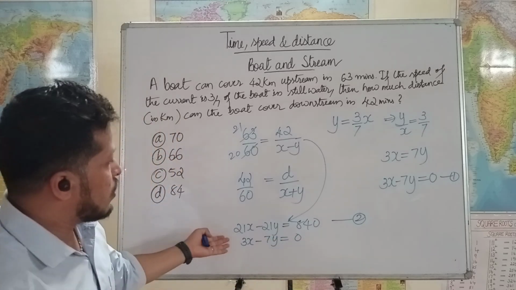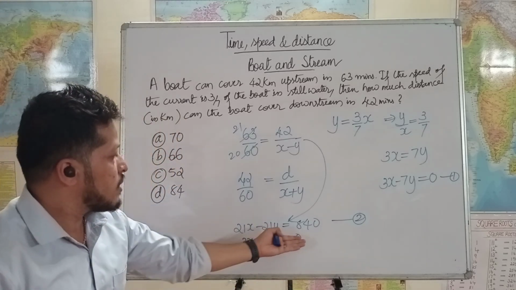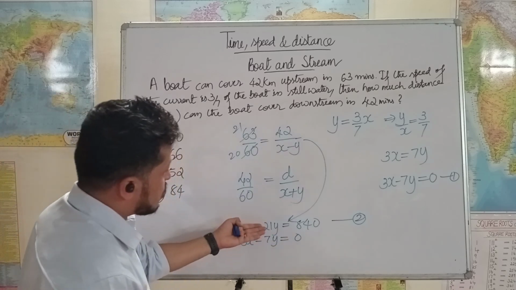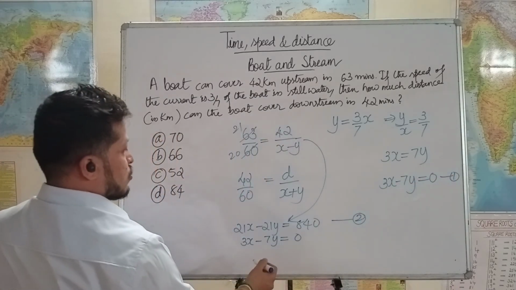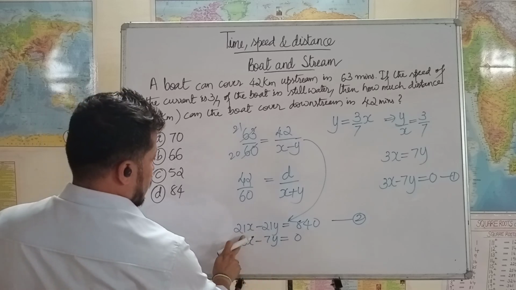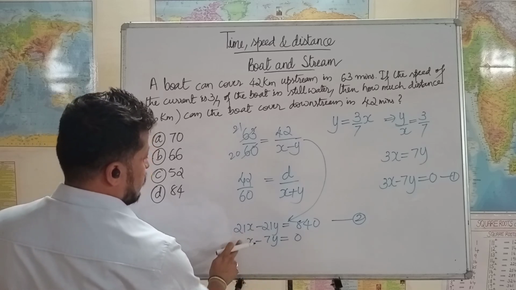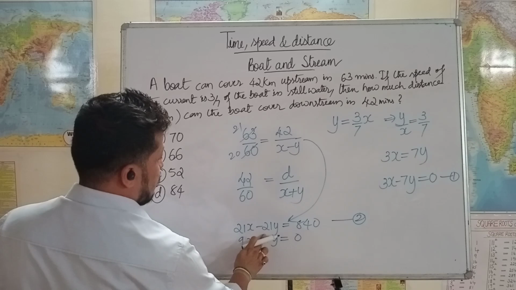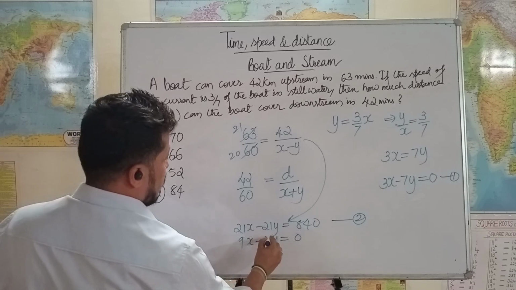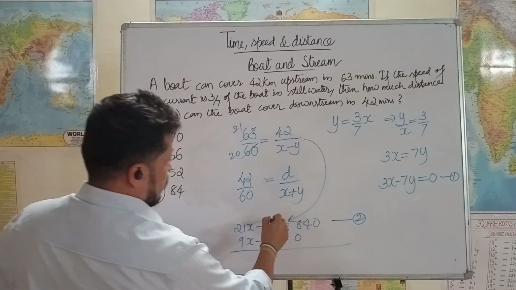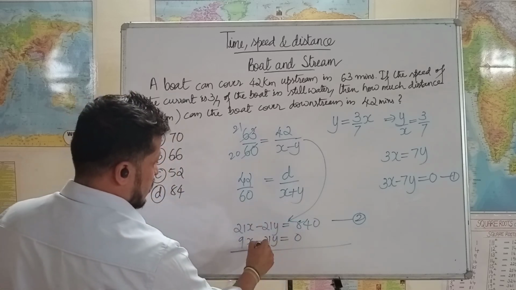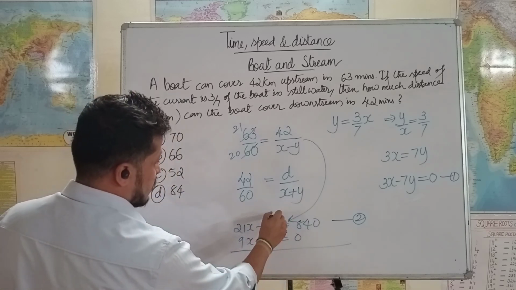So in order to make one of those variables cancel, let's multiply the second equation with 3, so that instead of 3 we get 9x here, and instead of 7 we get 21, and 3 into 0 is 0 anyways. So here this minus this gets cancelled, because this minus will become plus, right?